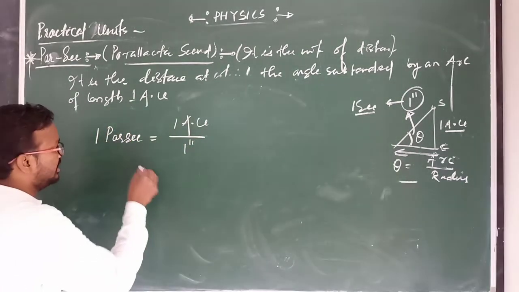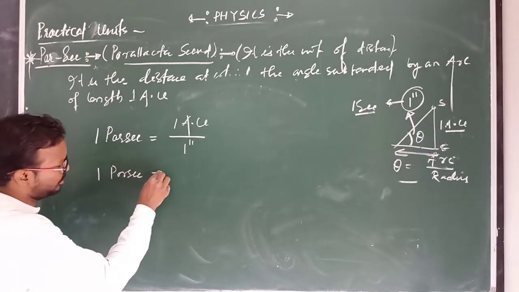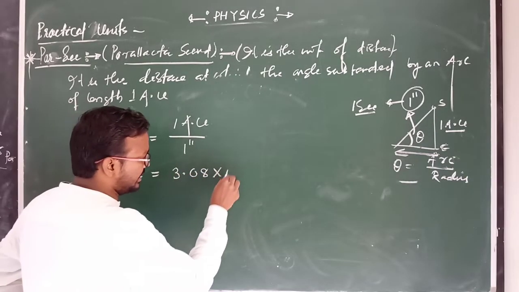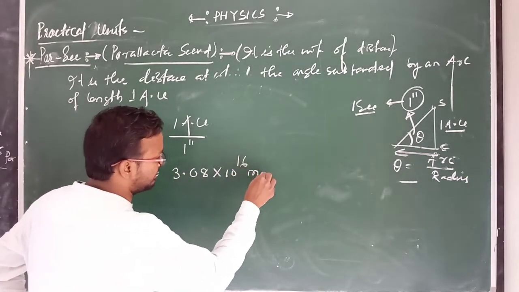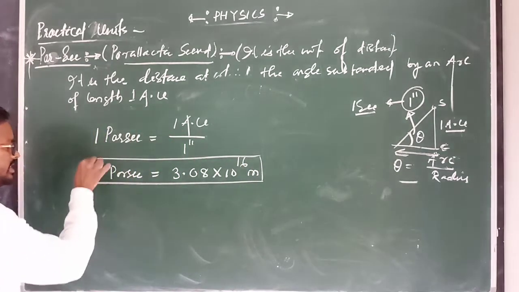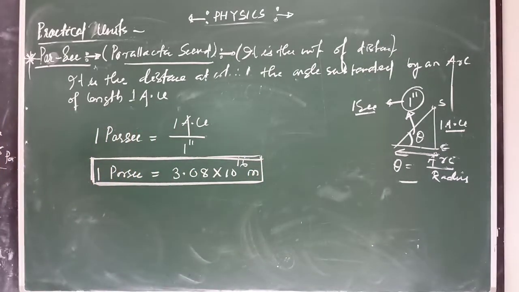Clear? So if you solve this relation, we can write 1 parsec is equal to 3.08 into 10 to the power 16 meter, and this is the largest unit to measure distance and the largest unit for the practical system. Clear? So this is parsec.